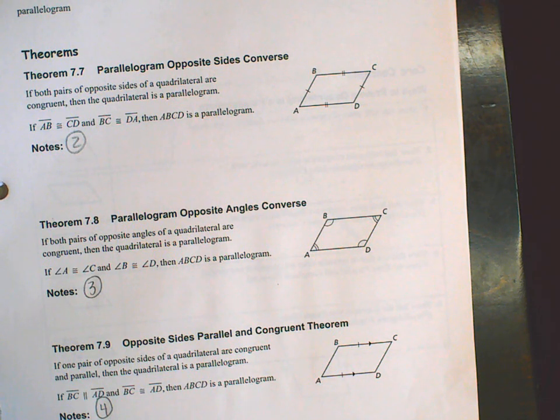So if in a quadrilateral the opposite sides are congruent, then it's going to be a parallelogram. So remember that a parallelogram is a quadrilateral where the opposite sides are parallel. So our goal is going to be to show that those opposite sides are parallel.